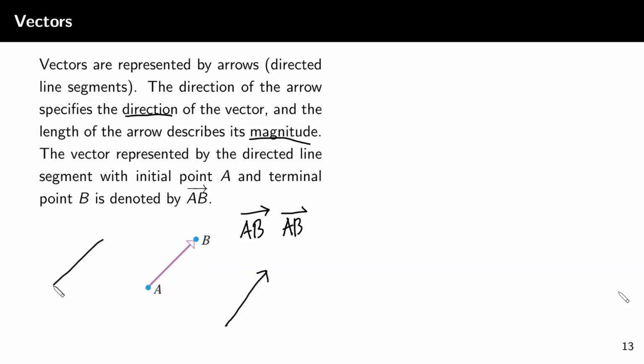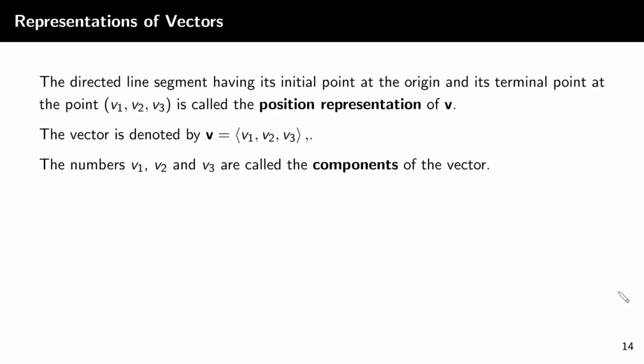And this one, and so if this has length C units, ito rin, length C units, ito rin, C units. These are different arrows in space. Kakaiba sila. But as a vector, they are the same. Dahil magkaparehas yung magnitude nila and yung direction. Okay.